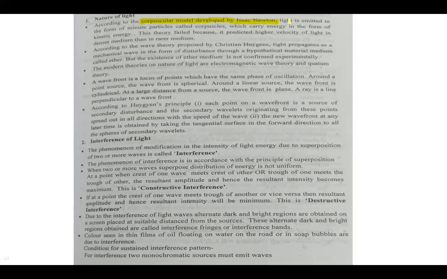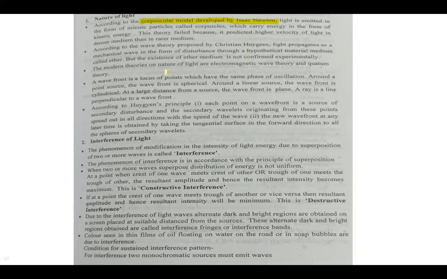Here light is emitted in the form of minute particles called corpuscles, which carry energy in the form of kinetic energy. This theory failed because it predicted a higher velocity of light in a denser medium than in a rarer medium.